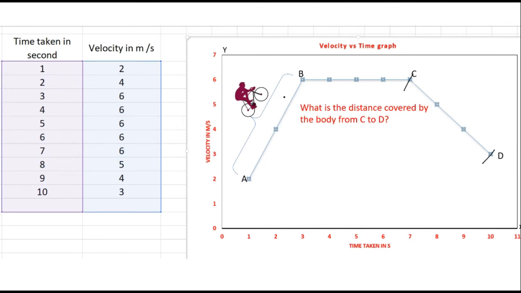Now what is the difference of motion from A to B and then C to D? Now look at this. Here velocity is increasing, so velocity increases. And here the velocity decreases.